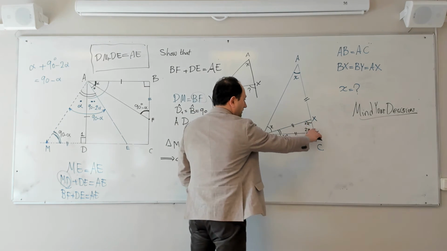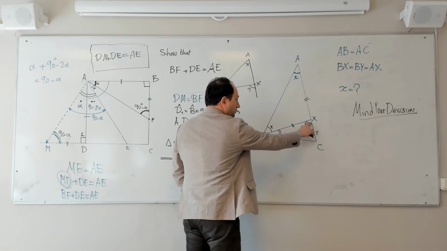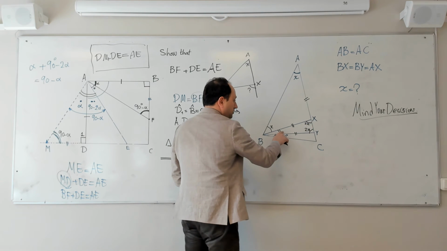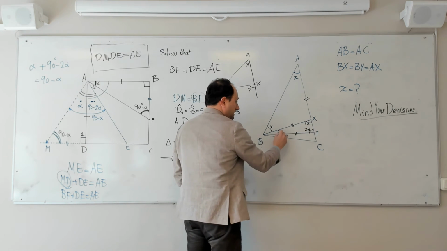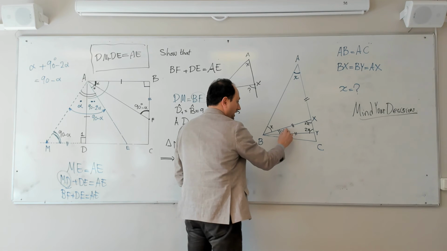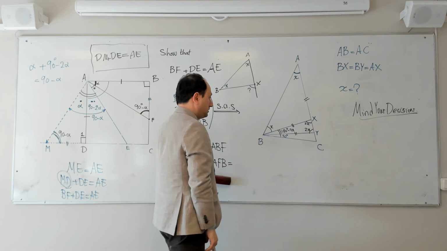In this triangle, this angle plus this angle plus this angle should be 180. But this one plus this one is 4x. So what is left is 180 minus 4x.